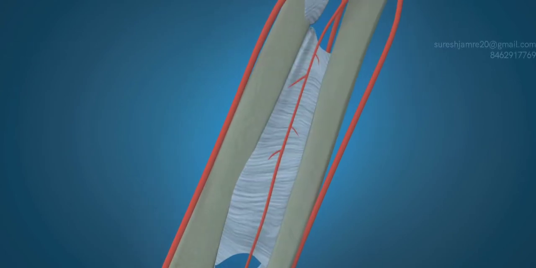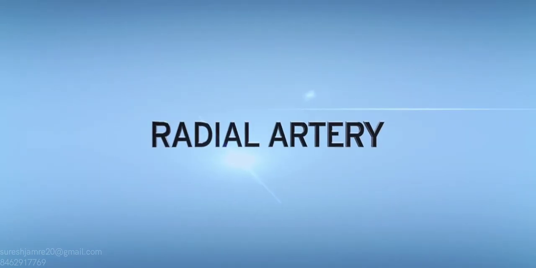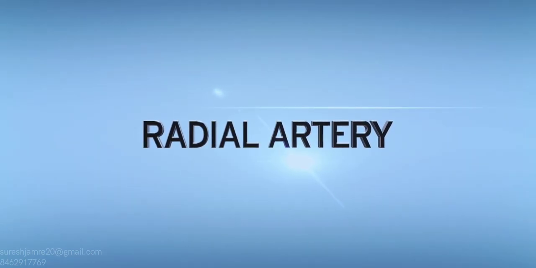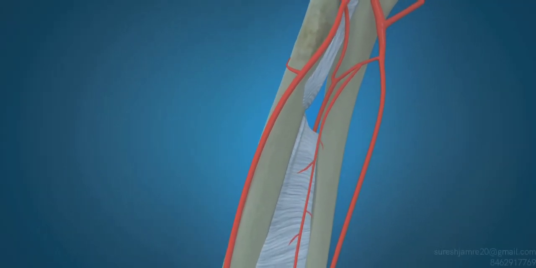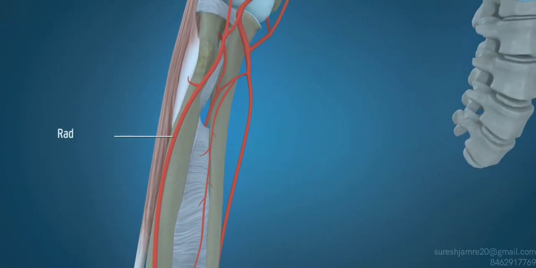The terminal end of the anterior interosseous artery passes posteriorly through an aperture in the interosseous membrane to join the posterior interosseous artery. Radial artery. The radial artery gives muscular branches to supply the extensor muscles on the radial side of the forearm.